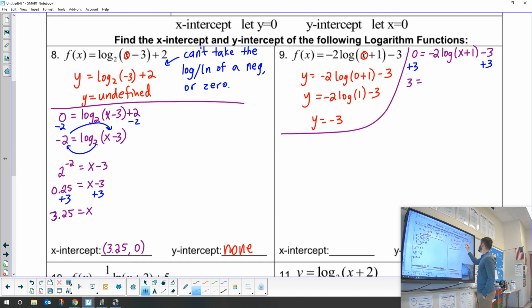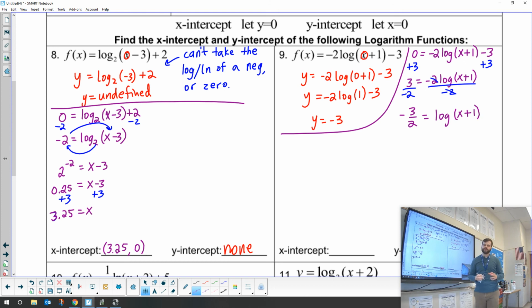So we're going to have 3 equals negative 2 times log of x plus 1. Divide both sides by negative 2. Cancel that guy out. And we're going to get negative 3 over 2 equals log of x plus 1.